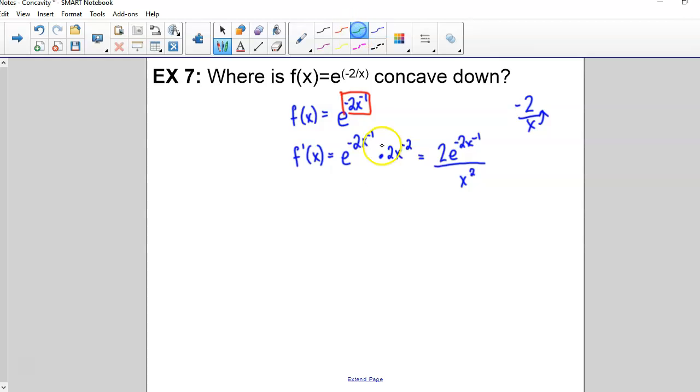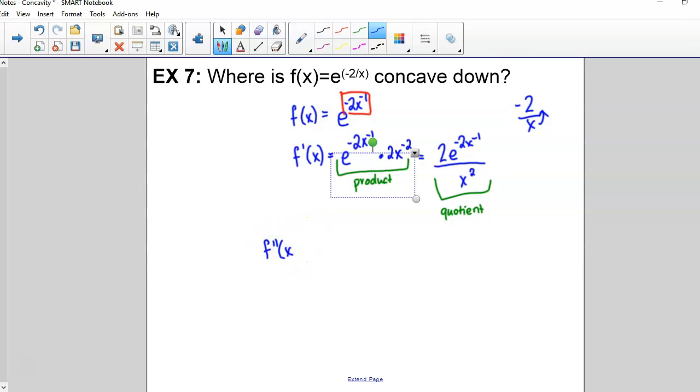To take the second derivative, we could leave it like this and use a product rule, or we could use it like this and use a quotient. It really doesn't matter which one. Since we did quotient on the other one, let's do product on this one just to see.